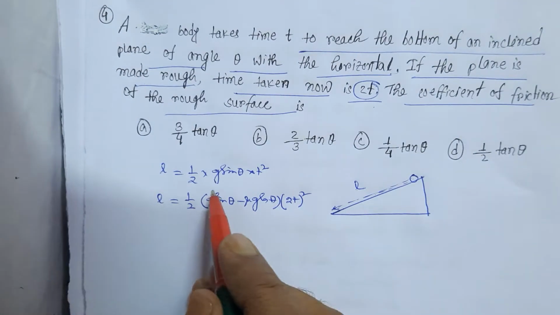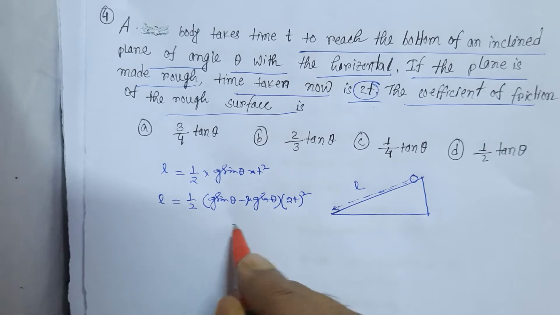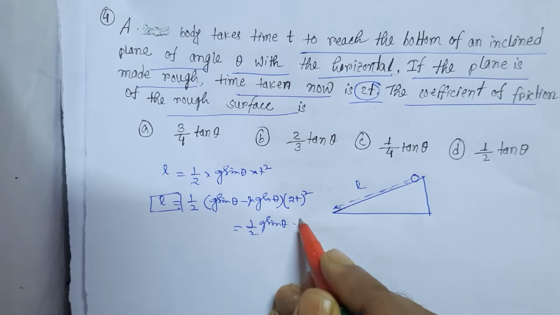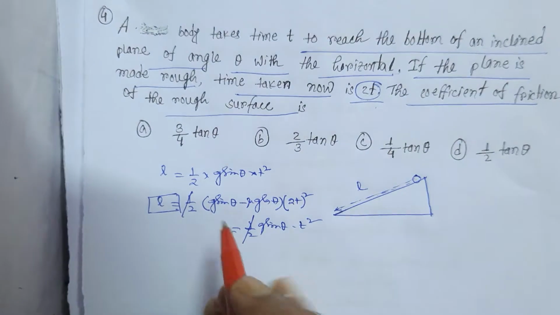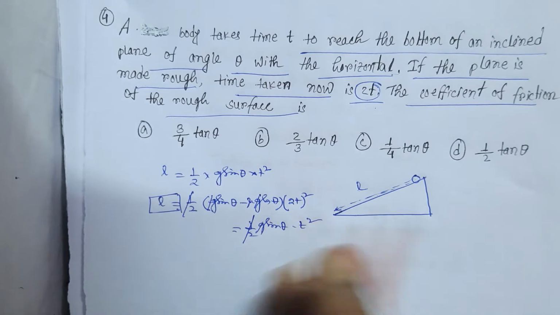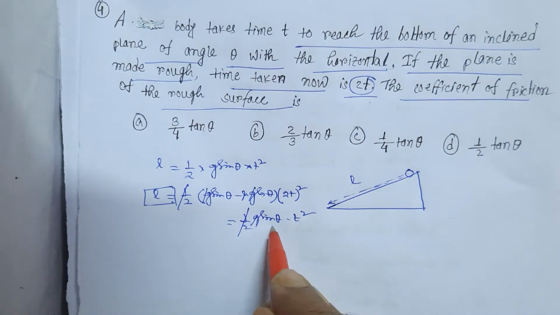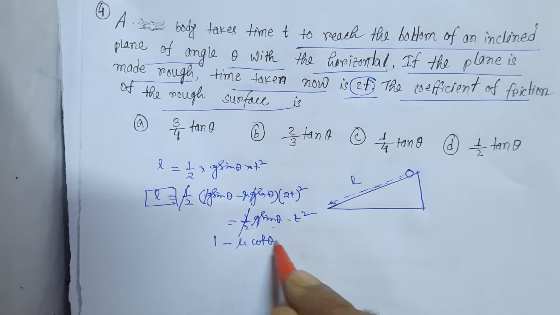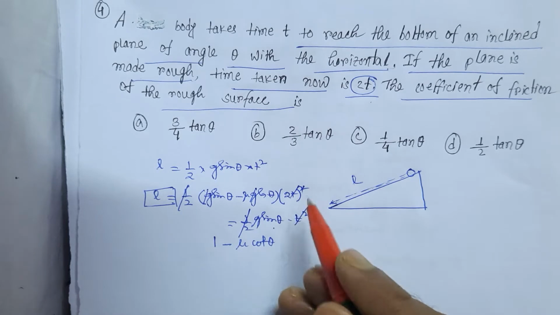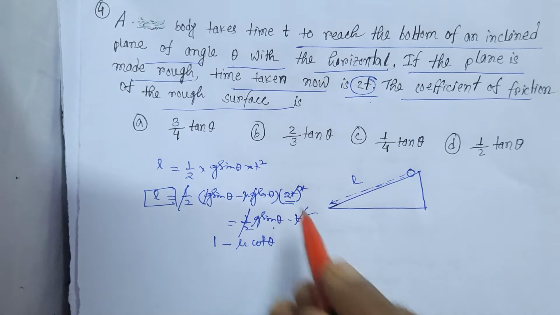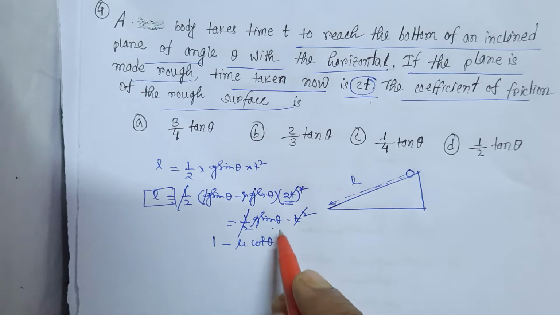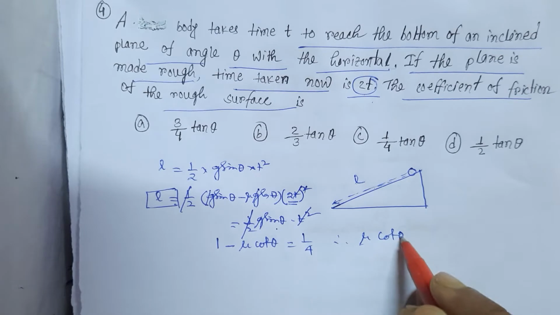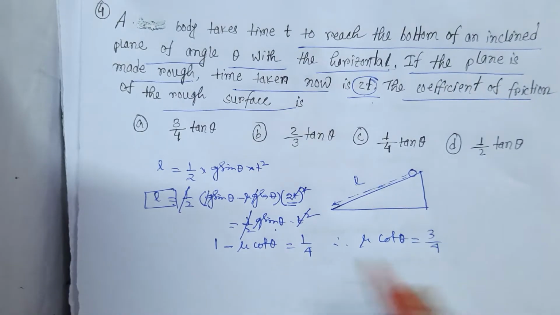Equating L, half and g cancel out, and dividing by sin theta, we get 1 minus mu cot theta equals 1/4, since t square cancels out and it is 2 into 2, 4. So mu cot theta equals 1 minus 1/4, that is 3/4.